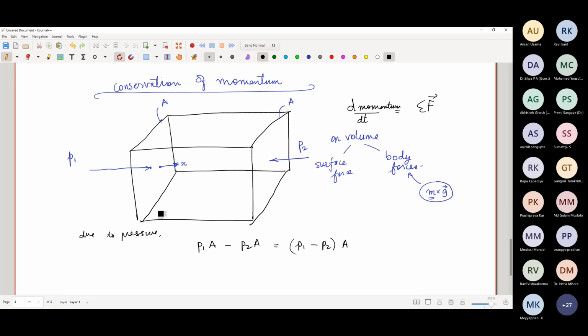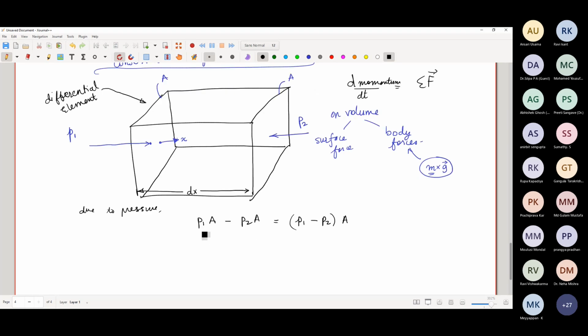Now, if this is the x direction, if I say that this distance is dx, meaning the distance is quite small, it is not a very large cube, it is a differential element. I say that this is a differential element and this distance is dx.